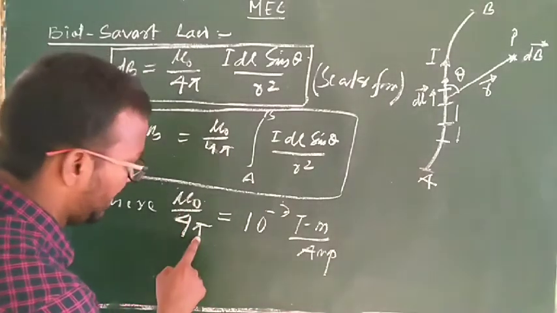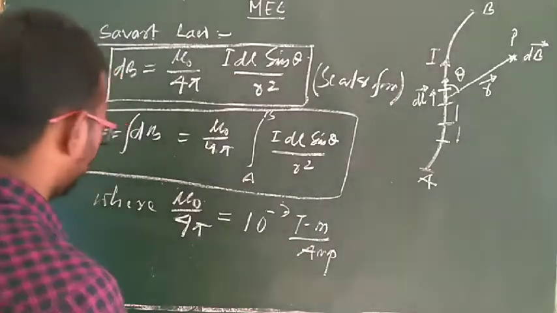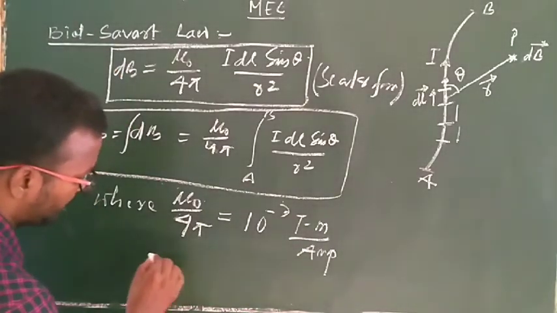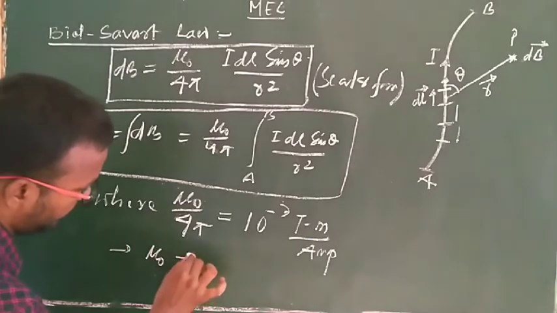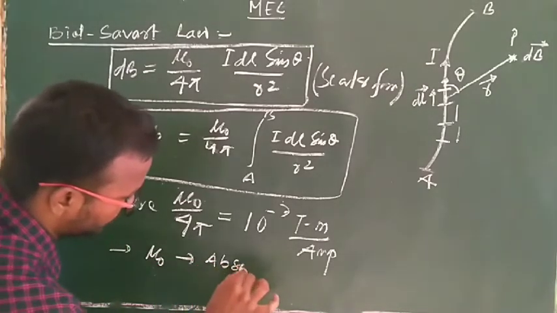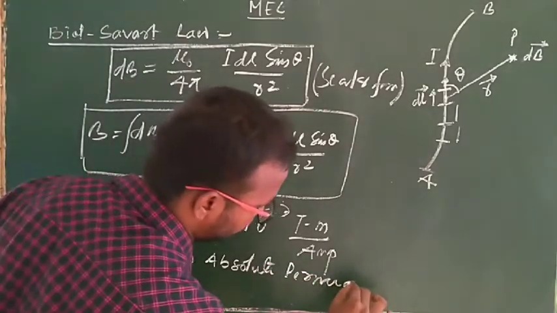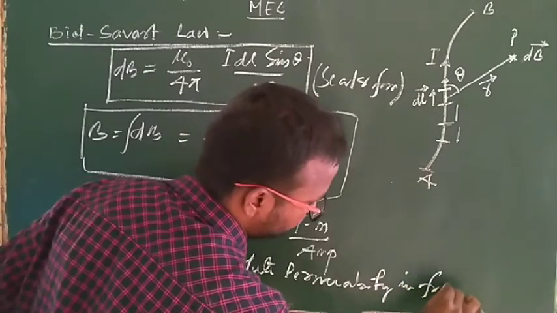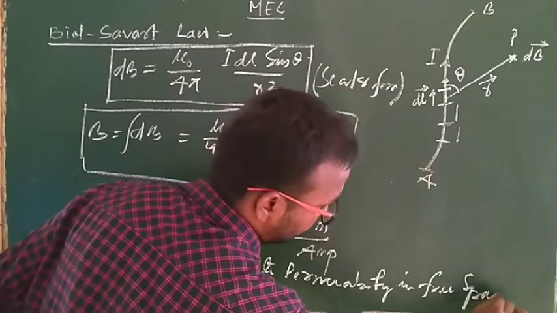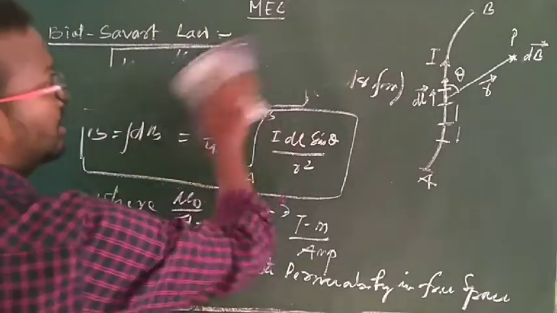Mu naught by 4 pi is 10 to the power minus 7 Tesla meter per ampere. So what is mu naught? Mu naught is called the absolute permeability in free space. Clear?